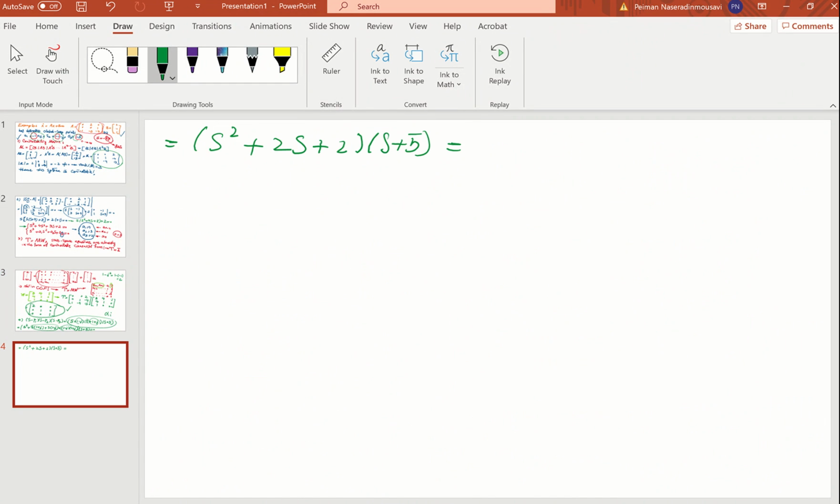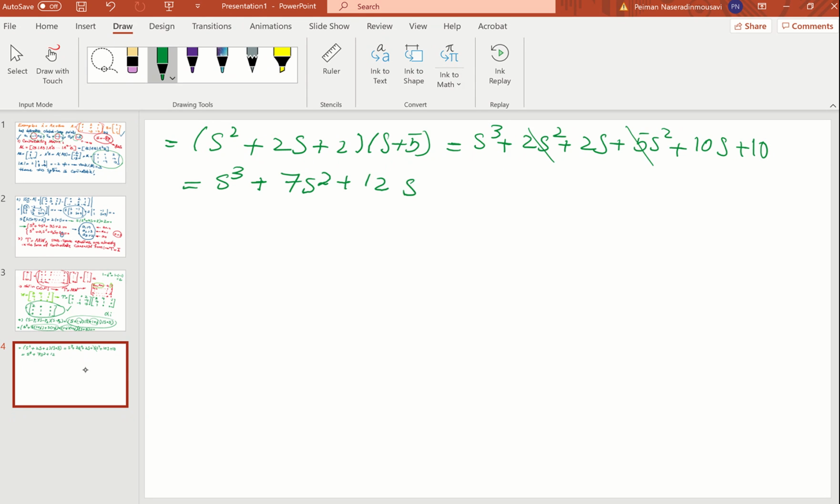So this is going to be s cubed plus 2s squared plus 2s plus 5s squared plus 10s plus 10. And finally what you get is s cubed plus 7s squared, this and this, plus 12s plus 10 equals 0.